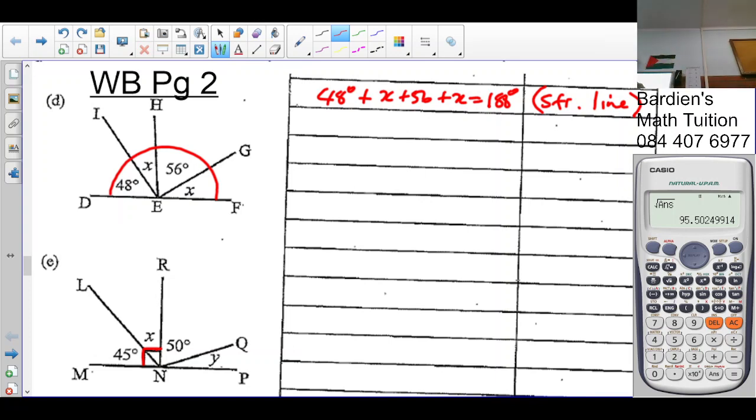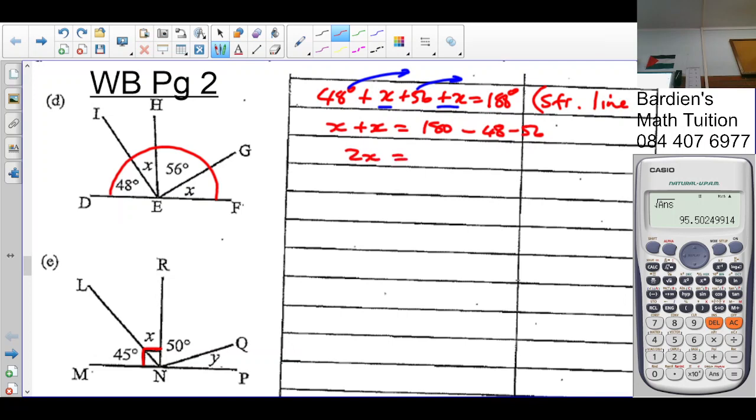Well, you don't need a bracket there because why? It's already given in its own column. So what do we do from here? We solve for x. How do we solve for x? x on one side, numbers on the other side, which you guys did, no? So x plus x is equal to 180 minus 48 minus 56.